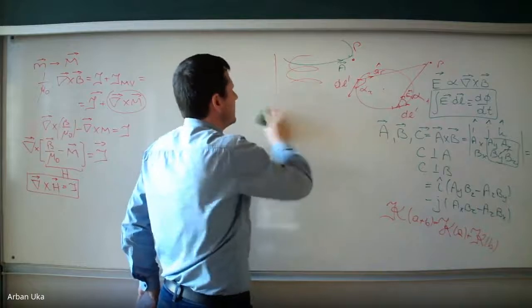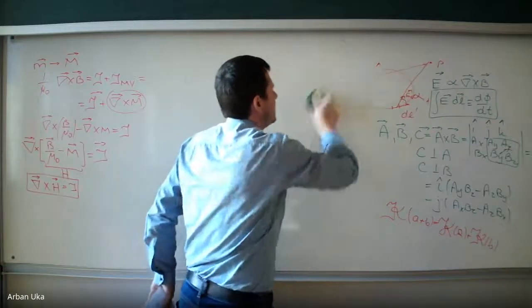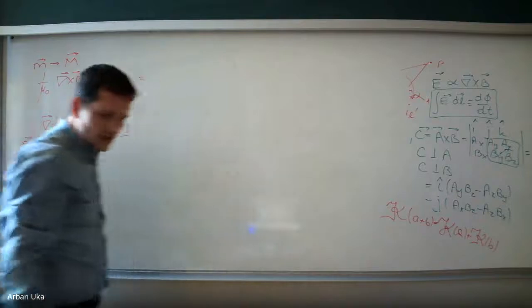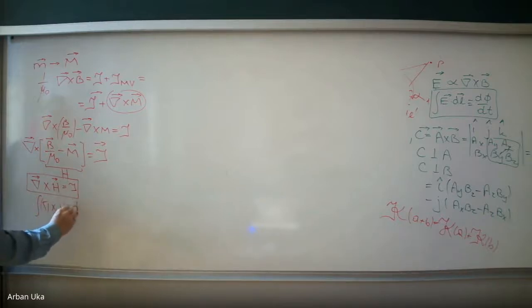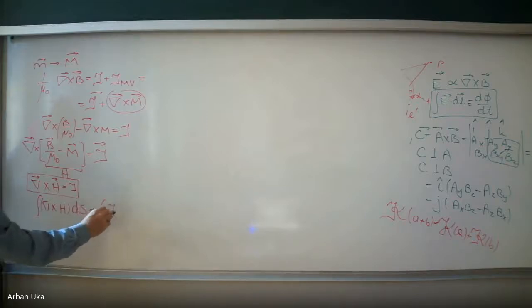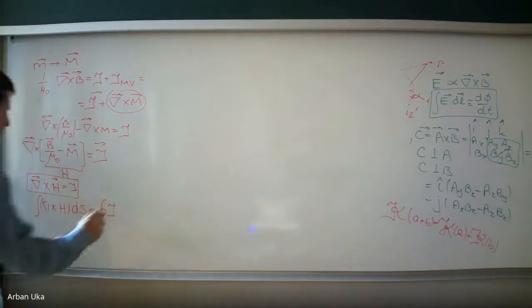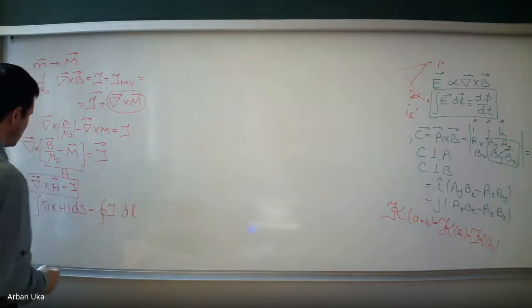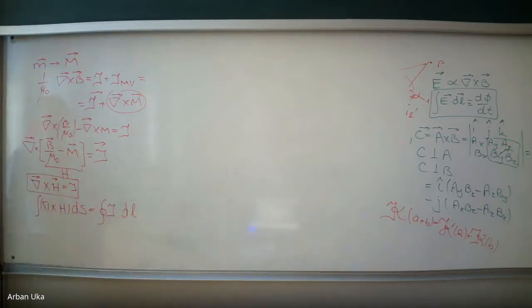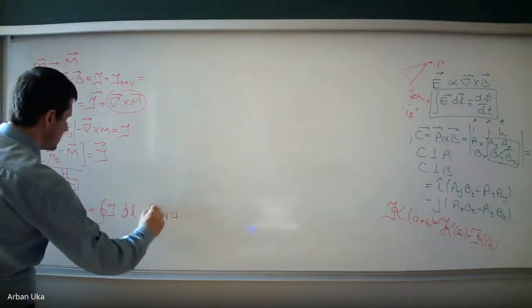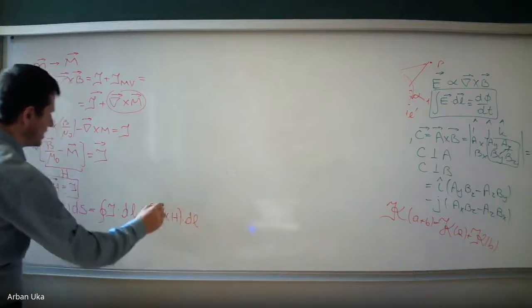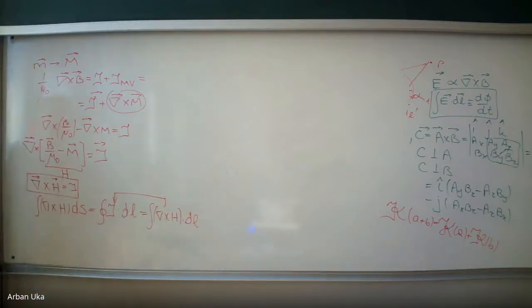The Stokes theorem reports that the integral over a surface of the curl of some vector is equal to the integral over a line. So here we can write the curl of H integrated over meter squared. It's going to be equal to the integral of H dot dl. But these two are equal.